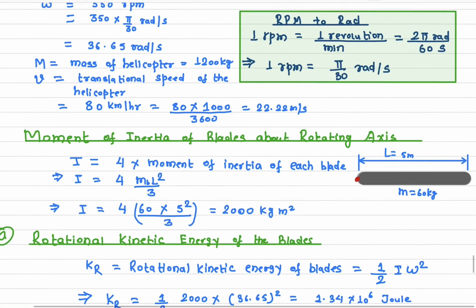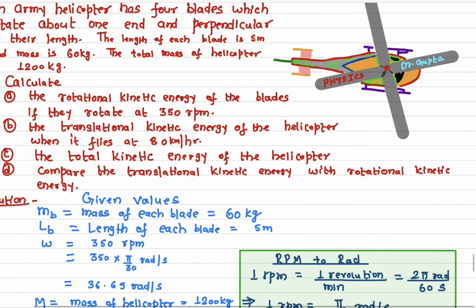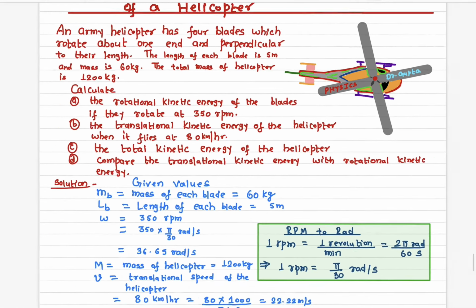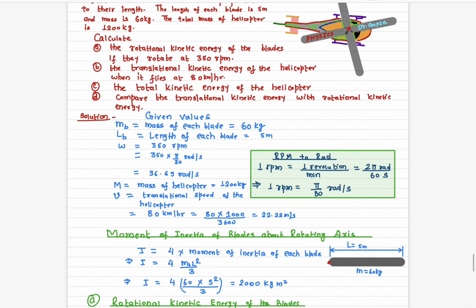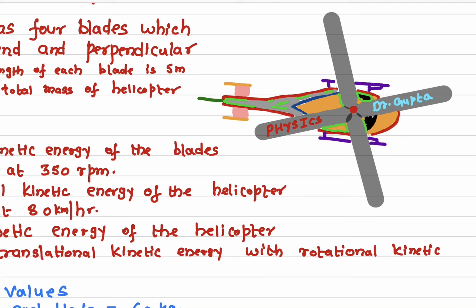So the blades, in fact, have more kinetic energy than the translational kinetic energy of the entire helicopter. Let me repeat one more time: the blades have more rotational kinetic energy than the entire translational kinetic energy of the helicopter.